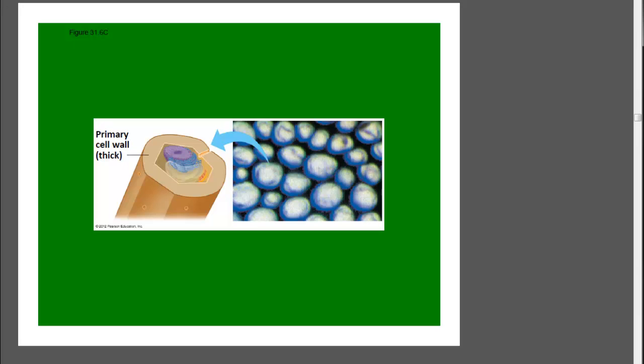These are your collenchyma cells. Notice that it has a fairly thick cell wall. In this image on the right, the dark space that surrounds the white are actually the cell walls. The open white spaces are the insides of the cells. So the cell walls surrounding the outside, you see that they're thicker. They're not necessarily even.